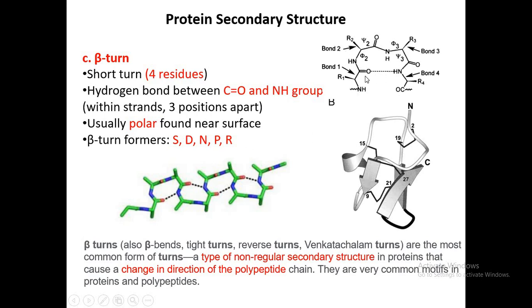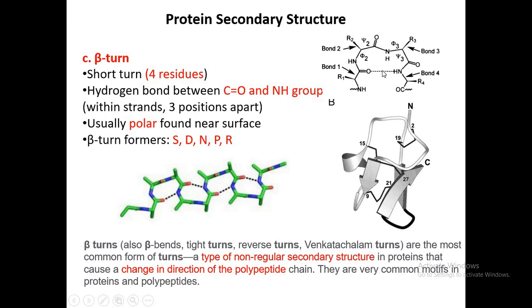What happens in the beta turn is that the oxygen atom of the carboxylic group of one amino acid forms a hydrogen bond with the hydrogen atom of the amide group of another amino acid.